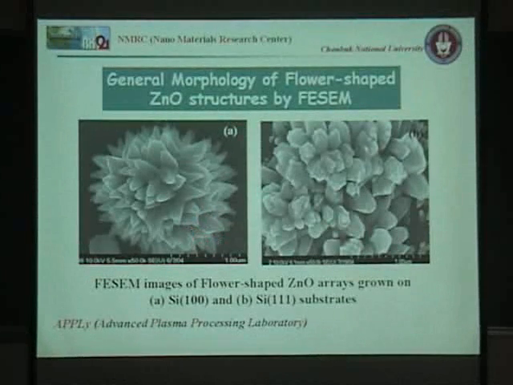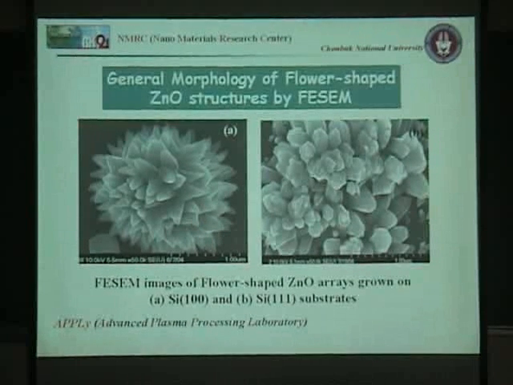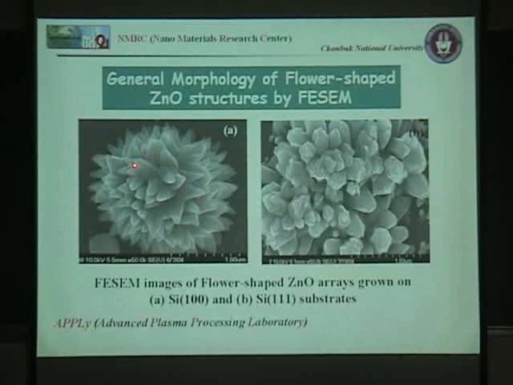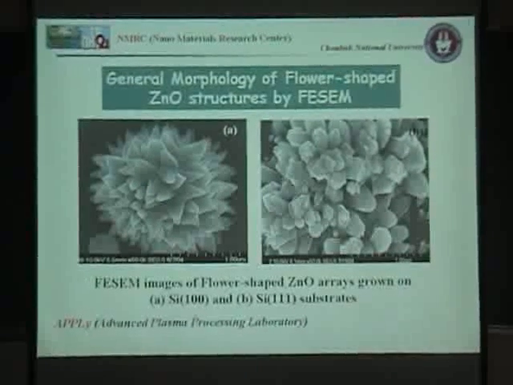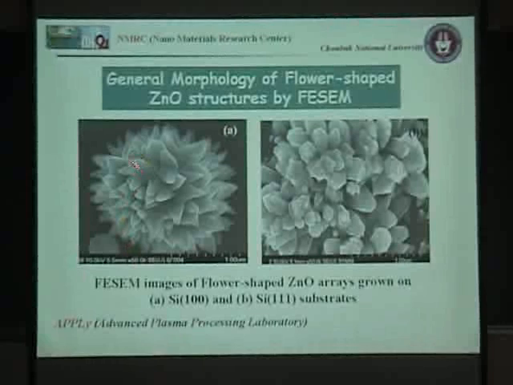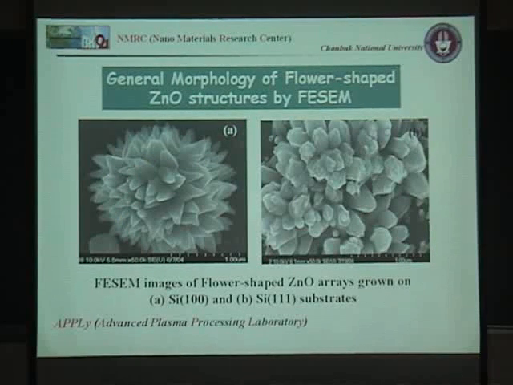Each layer has many leaves, and each leaf is joined by its wider base. Approximately, the length of these flower arrays is about 1.2 micrometers, while one leaf is about 55 nanometers in diameter.